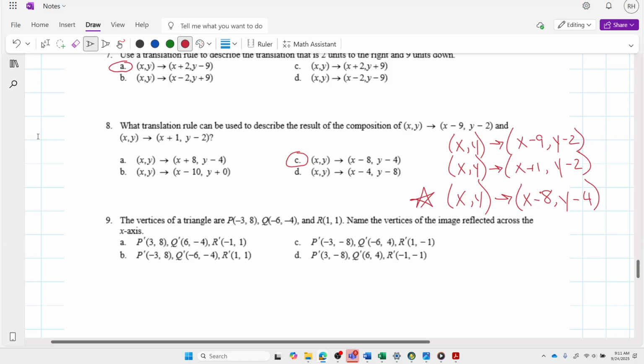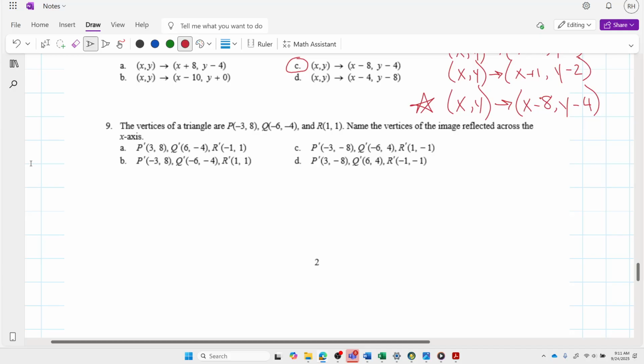All right, problem number 9. You're given the vertices of a triangle, and then you're asked to name the vertices of the image reflected across the x-axis.